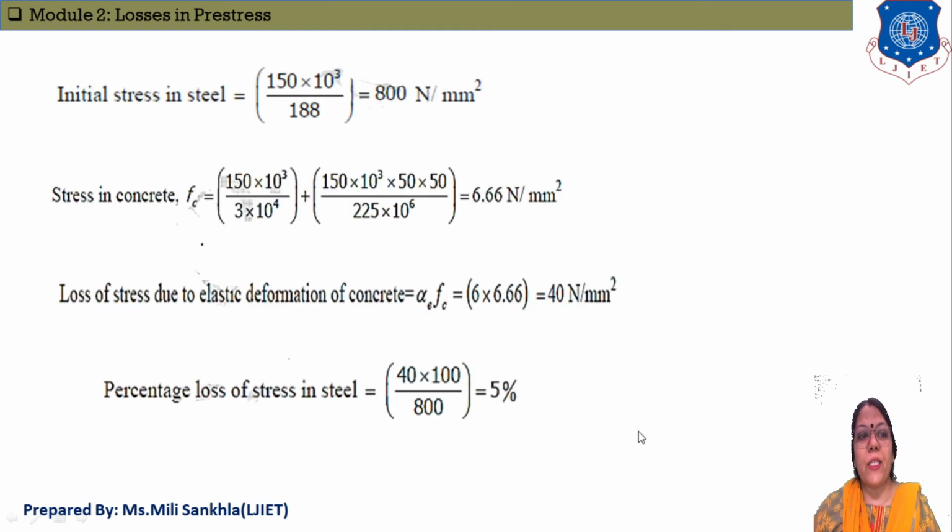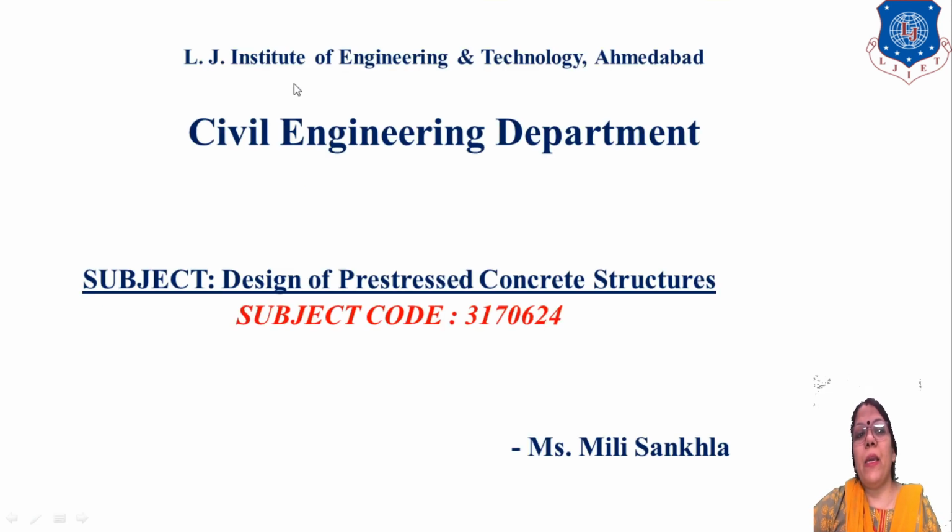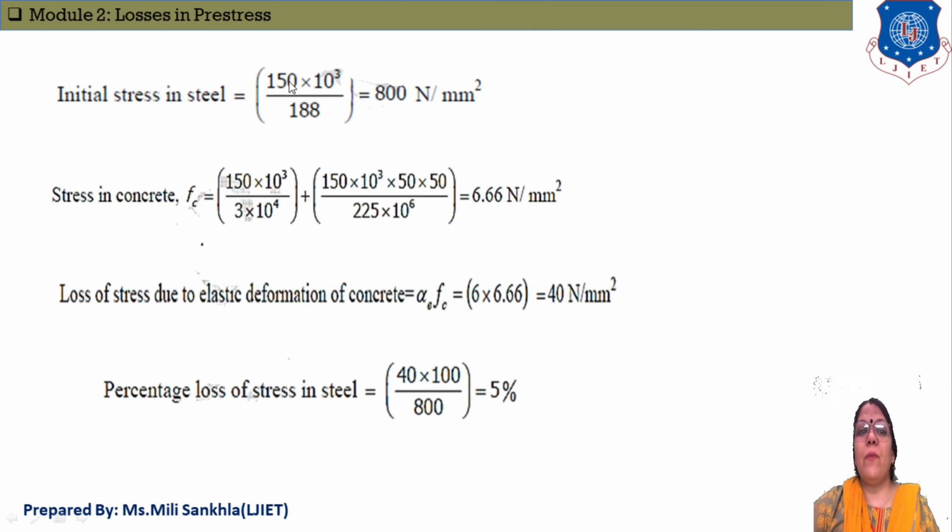Now next, initial stress in steel is equal to load divided by area, here the area is the prestressing area, P divided by area. The value of P is given, P is equal to 150, and the area of wire is given, 188. My answer is equal to 800 Newton per mm square, that is the stress.